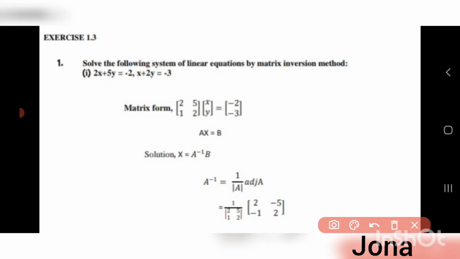Here I want to find the value of A inverse first. So A inverse is nothing but 1 by determinant A into adjoint A. We know the formula for this. For this we want to find the determinant value of this matrix, that means determinant of 2, 5, 1, 2, into adjoint A. Since it is a 2 by 2 matrix, we can write directly: keep these two elements as they are, that is 2 and 2, and change the sign of the other diagonal, that means minus 5 and minus 1, and then find the determinant value for the denominator.